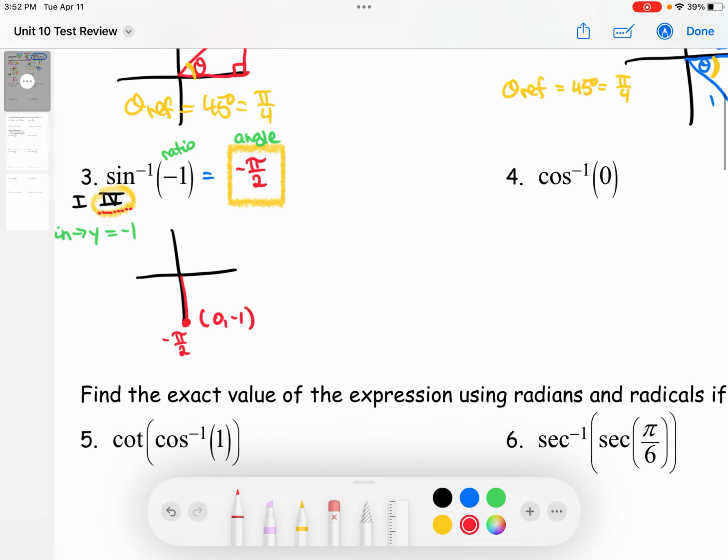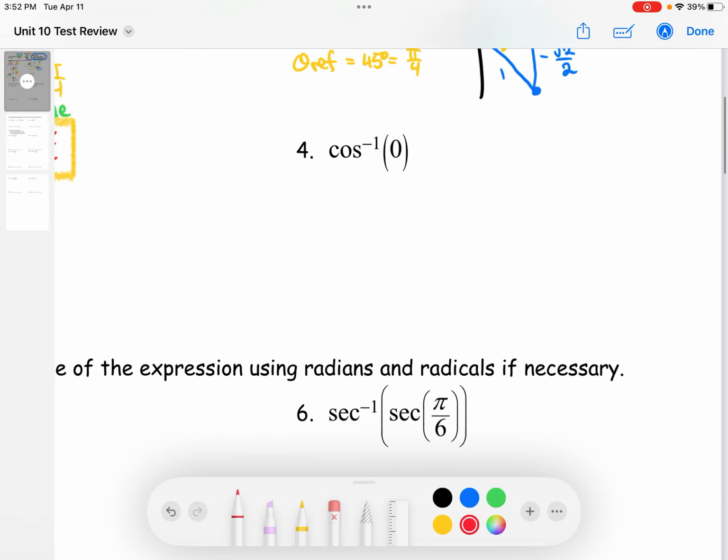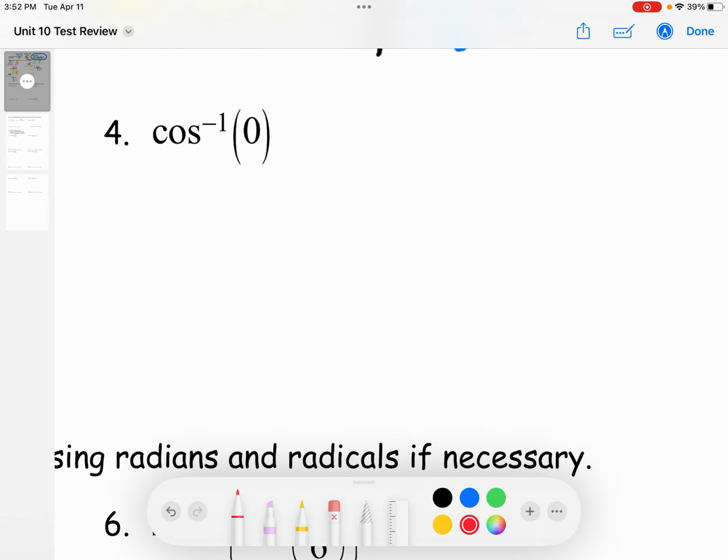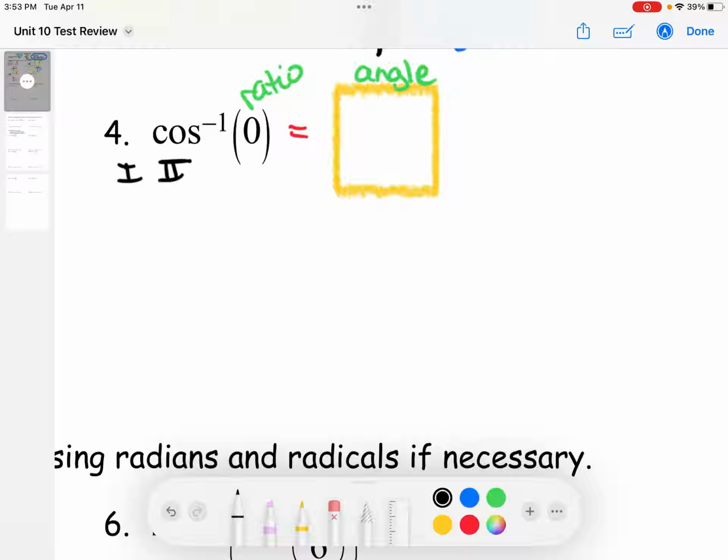Let's look at 4. Cosine inverse of 0 will be equal to something. That 0 inside an inverse function is a ratio, so the answer we're finding will be an angle measure. Cosine inverse could be in quadrant 1 or 2 for the principal value.